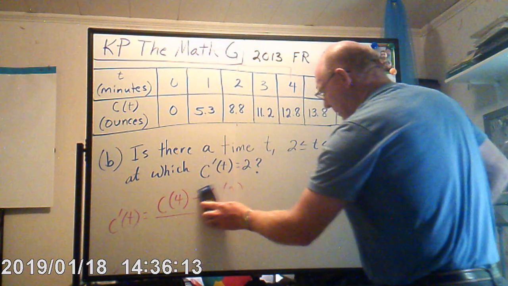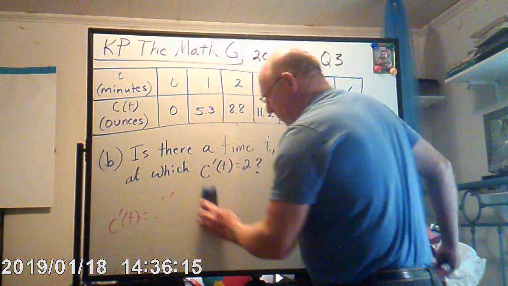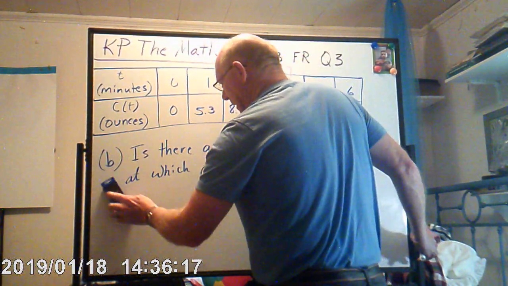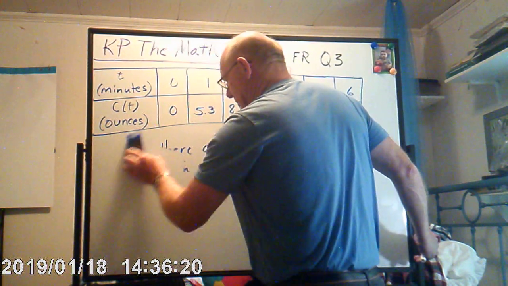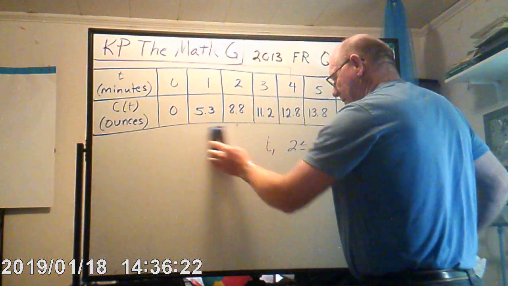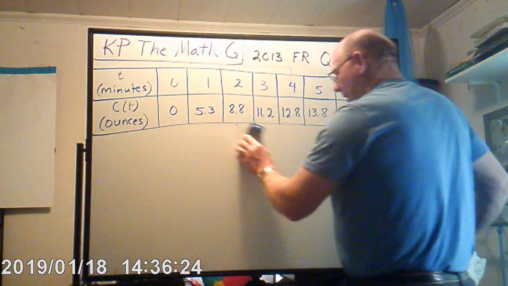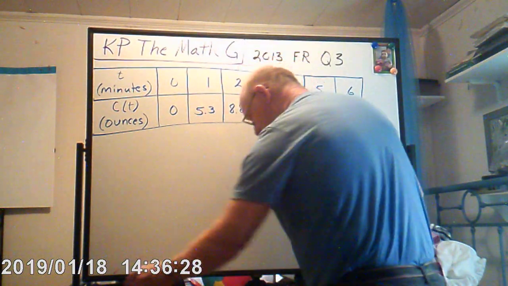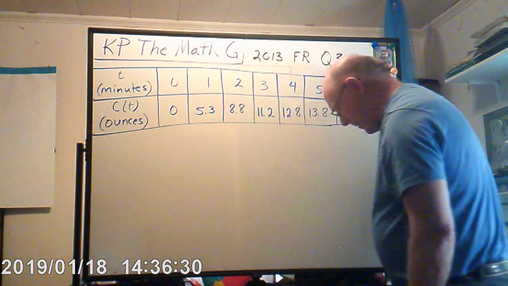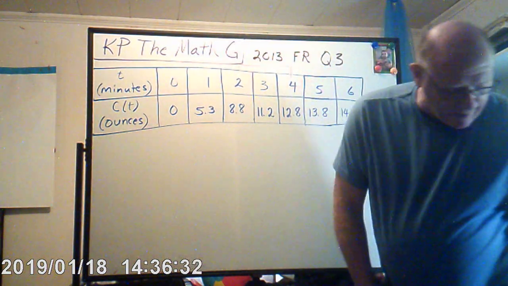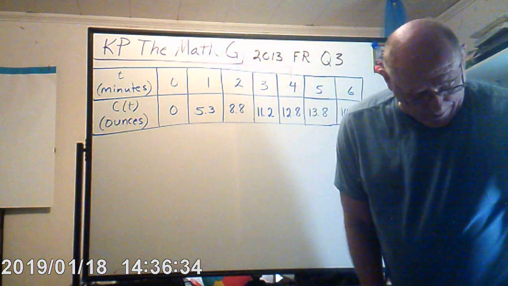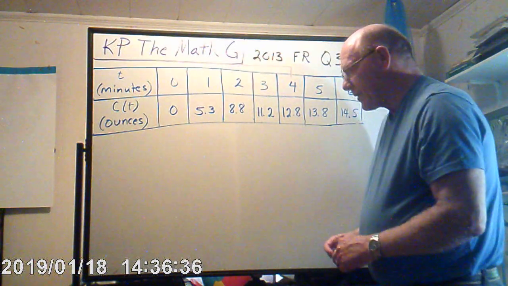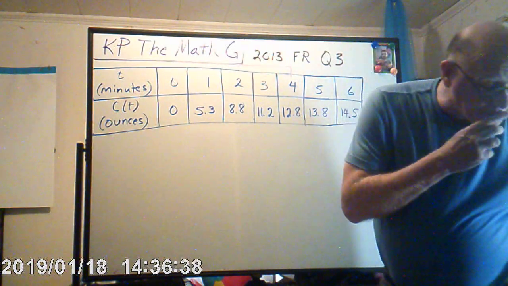If I have time to look at A and C, we will, but let's look at D first, and there's a reason for that. Let me see if I can find a marker. Here we go, let's try this one.